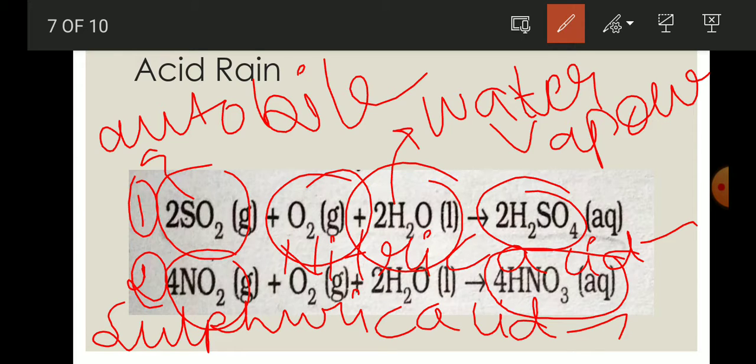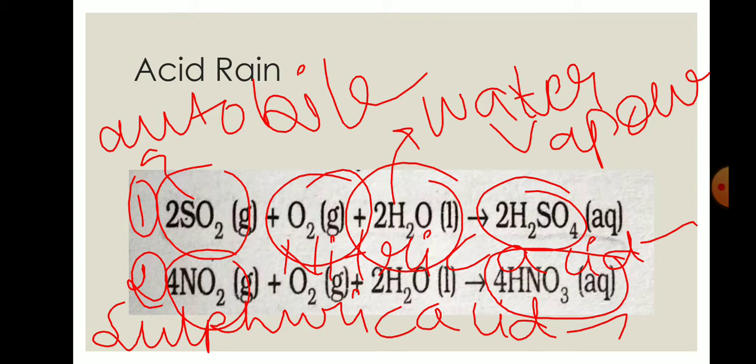Okay, so students, this sulfuric acid and this nitric acid come out from the cloud in the form of rain, and whatever surface these rains fall on, it causes damage to that surface. So this is acid rain, made of sulfuric acid and nitric acid.